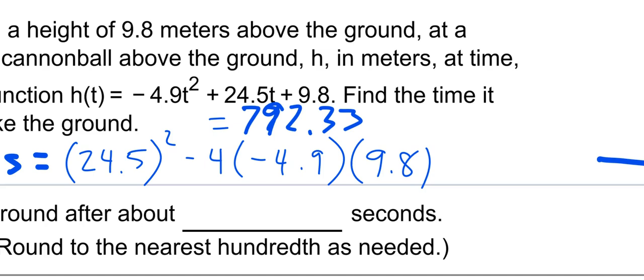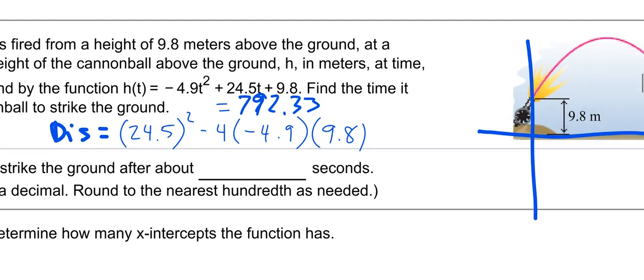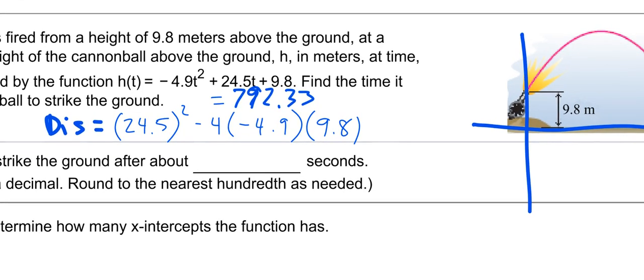Okay, keep going now that you know your discriminants. Do the rest of your quadratic formula. No, because of this plus 9.8 in the end, that right there shifted the whole parabola up. You don't have to worry about it. I understand what you did.